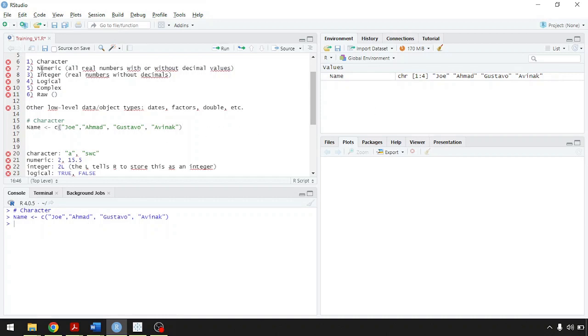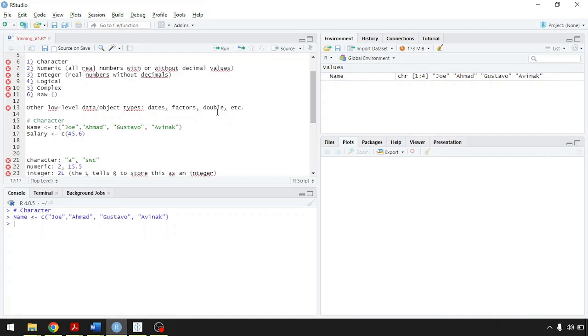The second data type is numeric values. I'm sure all of you know what real numbers are, but numeric values are real numbers that either have decimal values or don't have decimal values. In this case, let's say I will say salary, and for these four people I'll put salaries here.